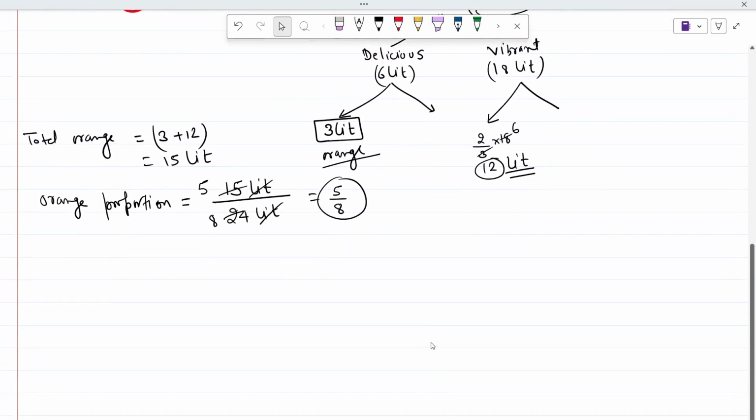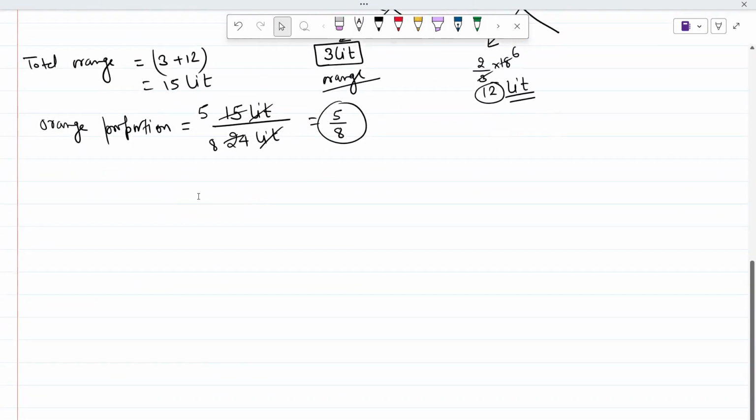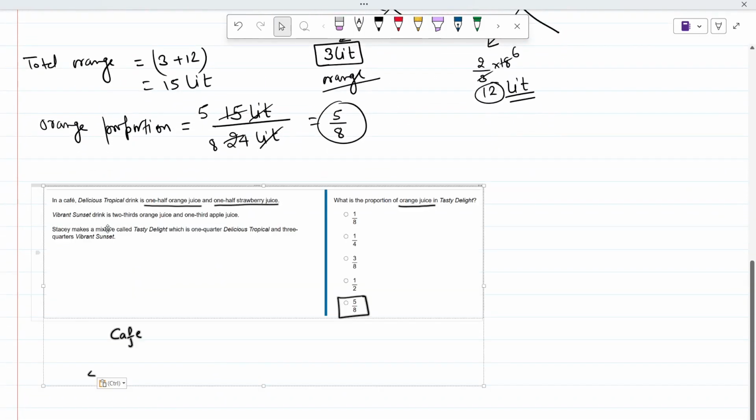Okay, so now how can we summarize this? Wait. So I'm going to summarize this again. This time I will not go through this 24 liters. We can solve it directly now.